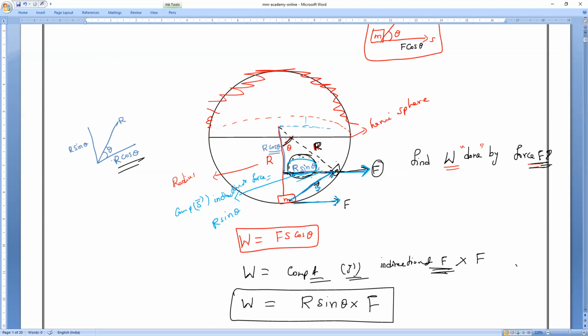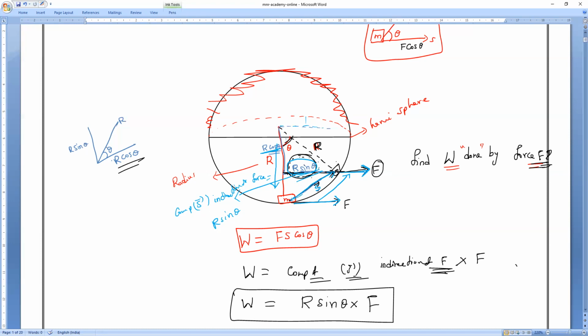Because displacement is in this direction. If suppose displacement is in this direction, downwards, then what is the component of displacement in the direction of force? R cos theta.